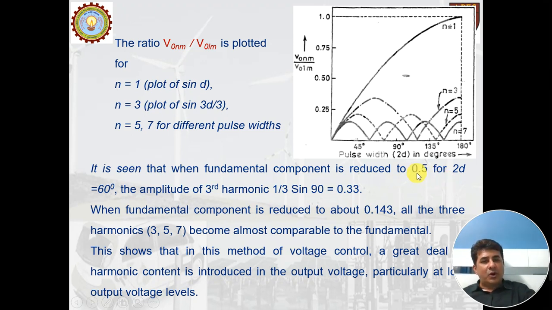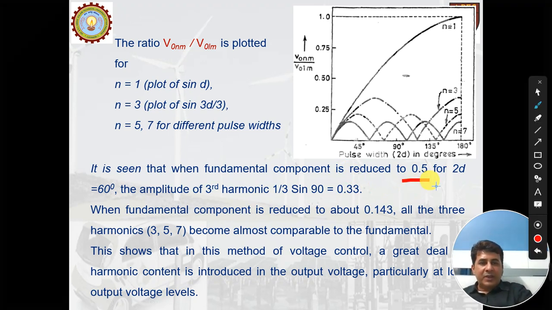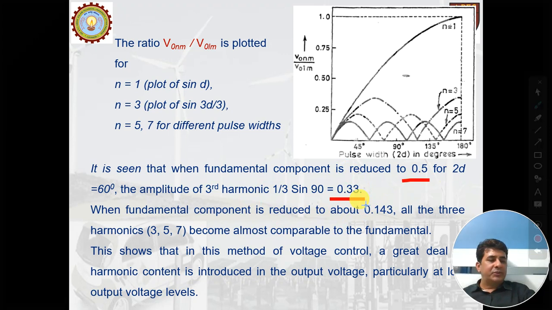For the same value of 2D equals 60 degrees, or D equals 30 degrees, if I wish to find the amplitude of the third harmonic, it will be 1 by 3 sine 90, which gives you 0.33. That means by keeping D equals 30 degrees, we have got a fundamental component of 0.5, whereas the third harmonic is 0.33. The difference between these two is 1/3, so this harmonic component is 2/3 of the fundamental component.